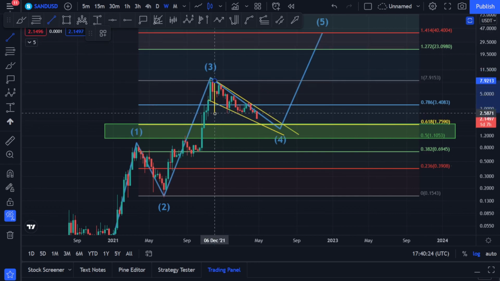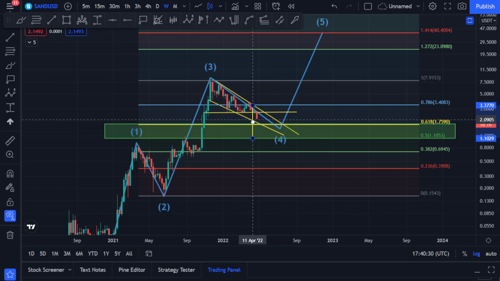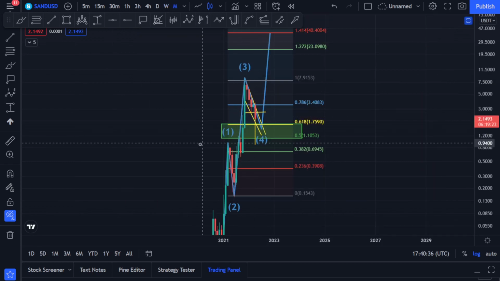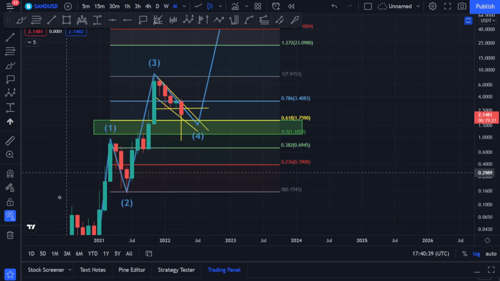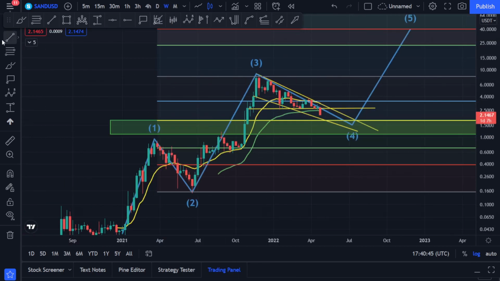Now let me check something. If this is the whole triangle formation and we broke out right from here, let's say if we go and hit, let's say, 186 cents. It's sitting right over there. Let's take this off now. And let's say this is the target.